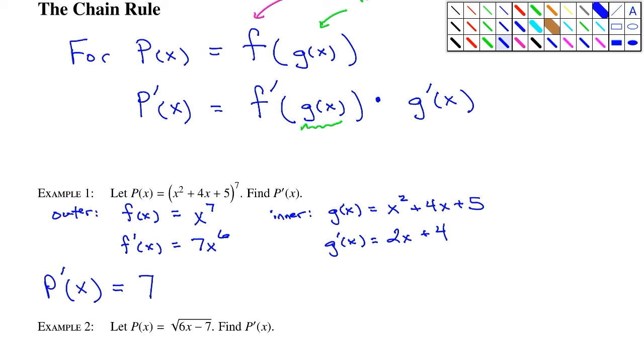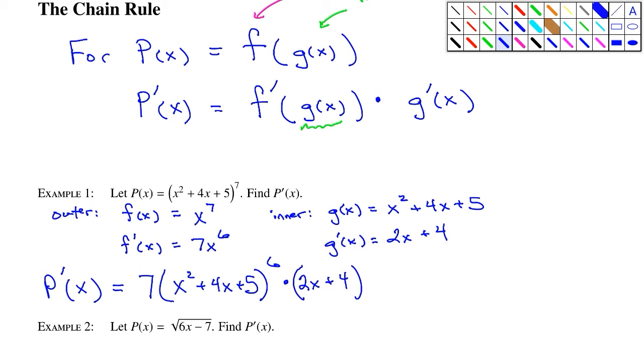So what goes here is 7 times something to the 6th, and that something is the original inside, x squared plus 4x plus 5. So we have 7 times x squared plus 4x plus 5 raised to the 6th, times the derivative of the inside function, which is 2x plus 4. Don't forget to put that in parentheses because it's an expression with more than one term.